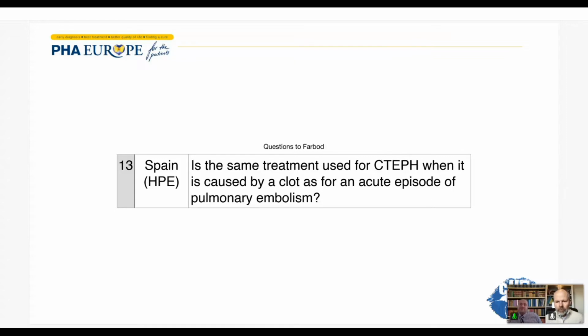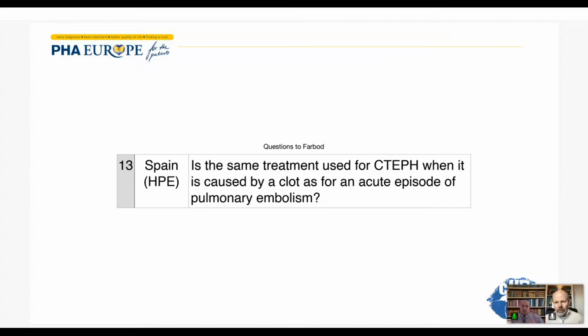Now, the other things that you can do for acute pulmonary embolus, like clot removal, are different than the ones in CTEPH. The surgery for CTEPH is a much different surgery than what you would do for an acute clot.